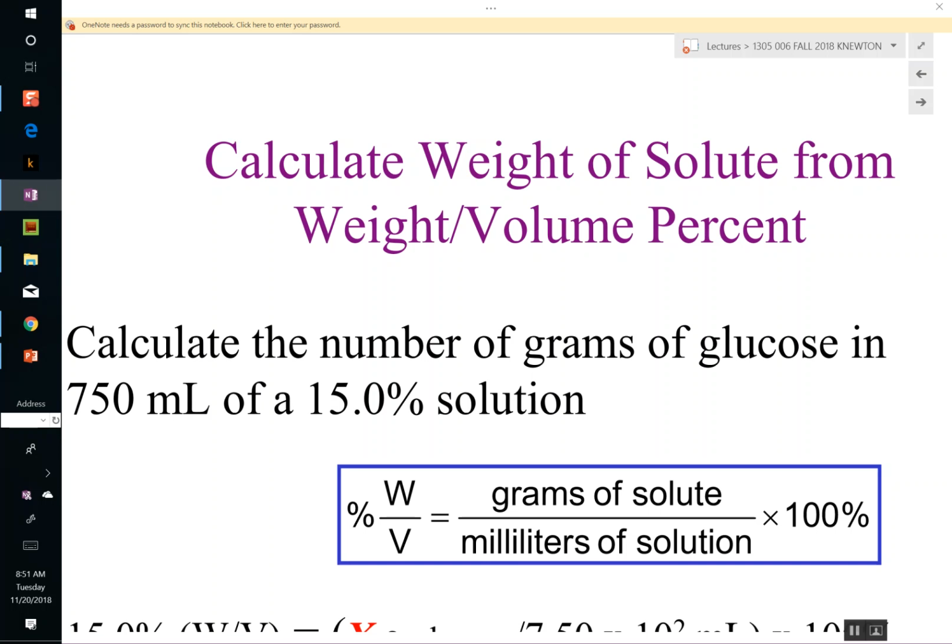So let's try that. We have a 15.0% solution. We've got an unknown number of grams, the number of grams that's in this 750 milliliter solution.